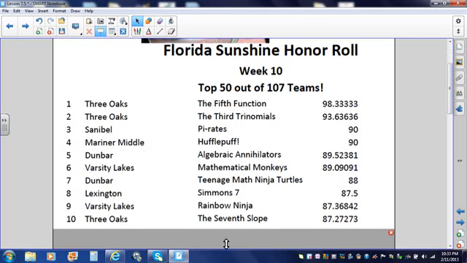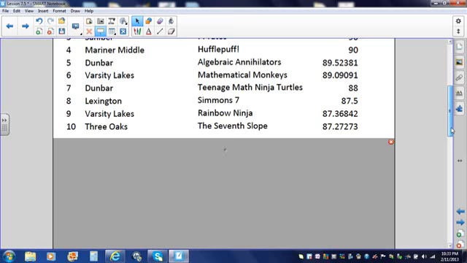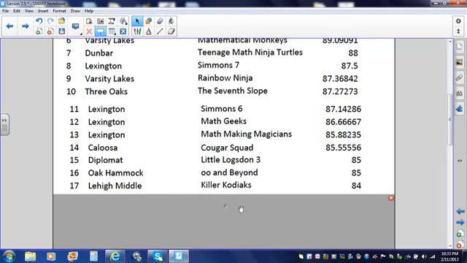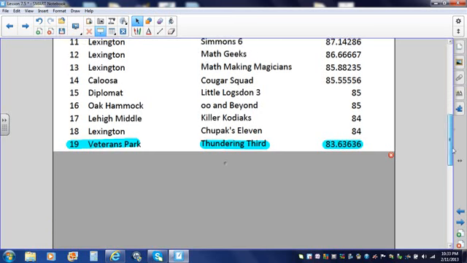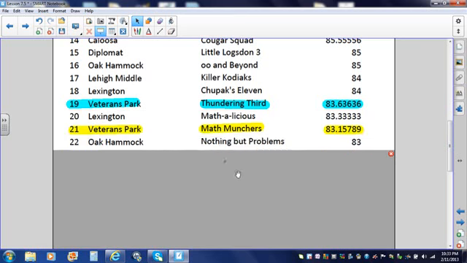The top 10 for Week 10. No Veterans Park. The top 20. Hey! Oh, wait. Thundering Third. That would be Mr. McGrath's class. Loser. No check mark. So far.